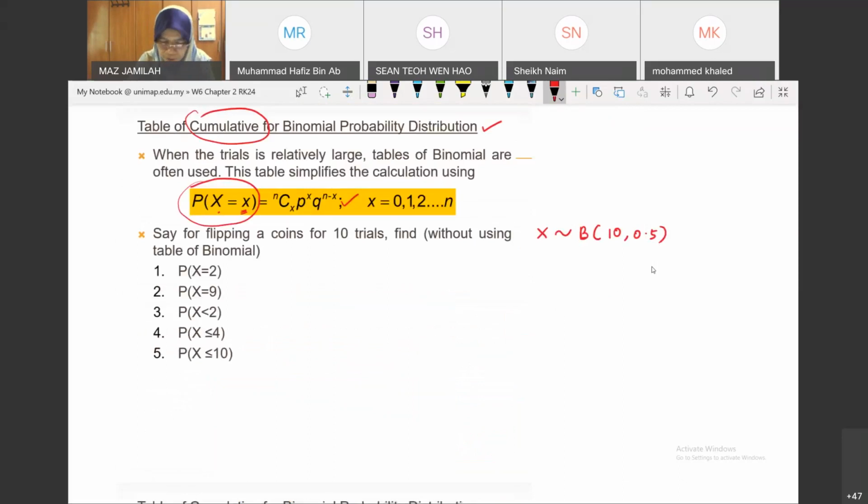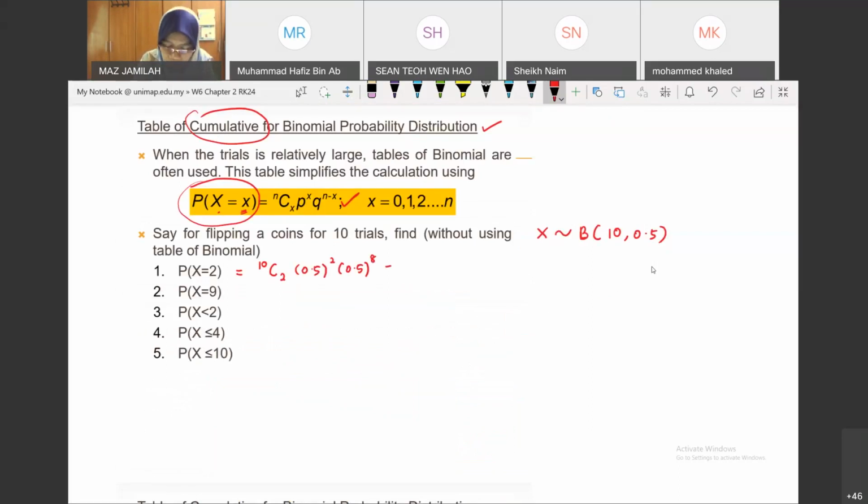The reason why I choose this to be in one slide is because if you wish to find P(X = 2), you can directly use this formula and you just use 10C2, 0.5 to the power of 2, 0.5, the probability of failure, to the power of 8.